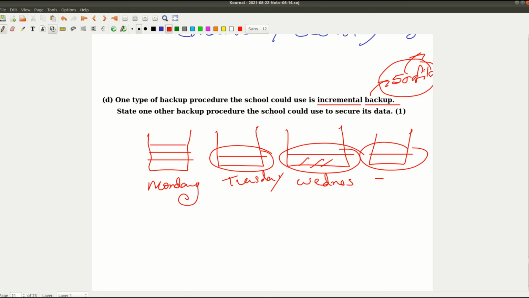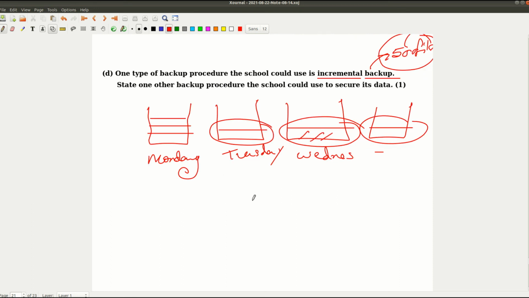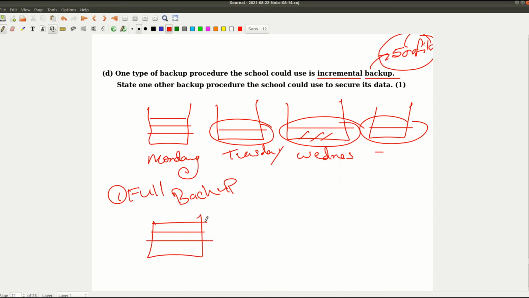data backup. Okay, and another type of backup is called full backup. So how the full backup works, like Monday the same, I have this amount of data. So Tuesday I have only this, right?